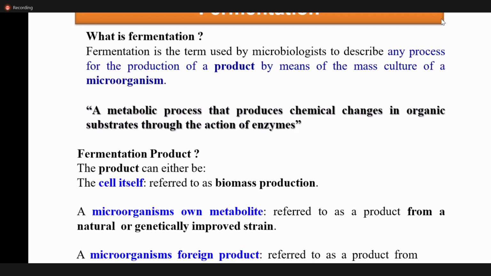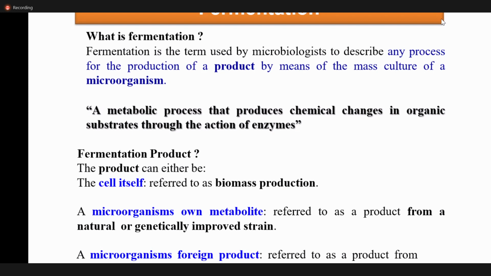Then only is it possible, through a metabolic process, both addition and diversion. This process leads to chemical changes in an organic substrate through the action of enzymes.